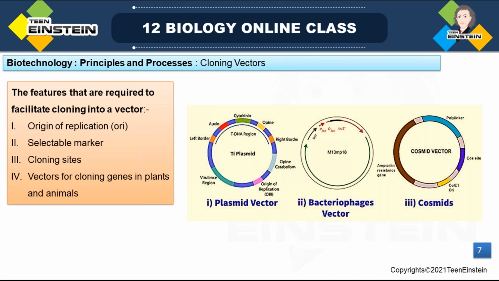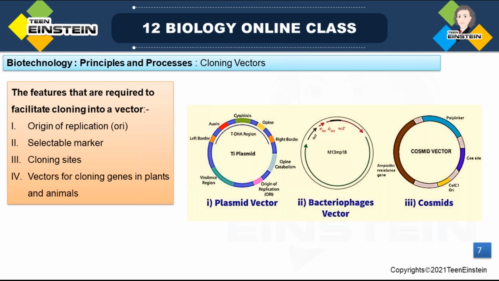So antibiotic resistance genes are used as selectable markers. The selections can be made very easily when we use antibiotic resistance genes as the selectable marker, which we need to study in detail.